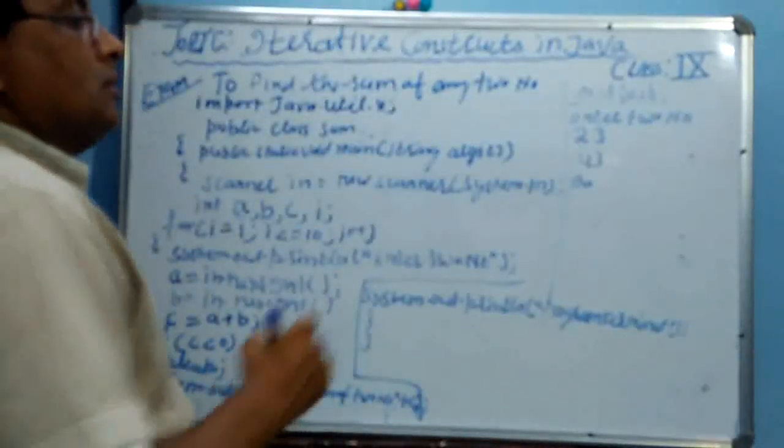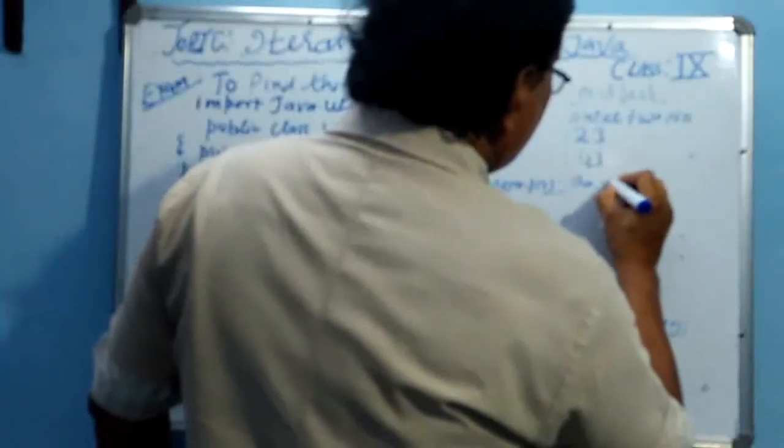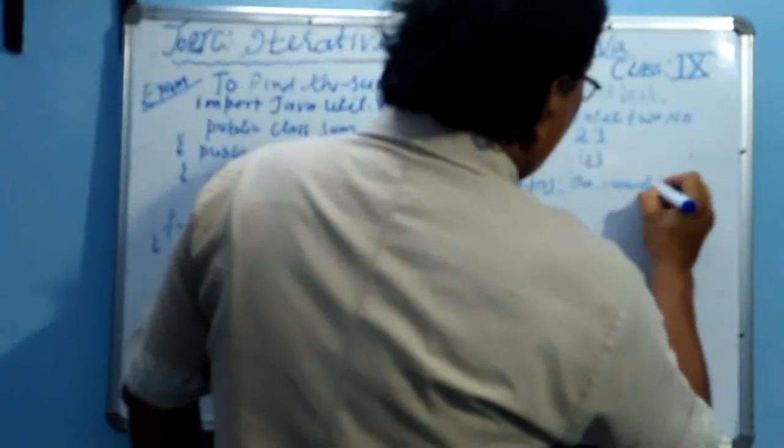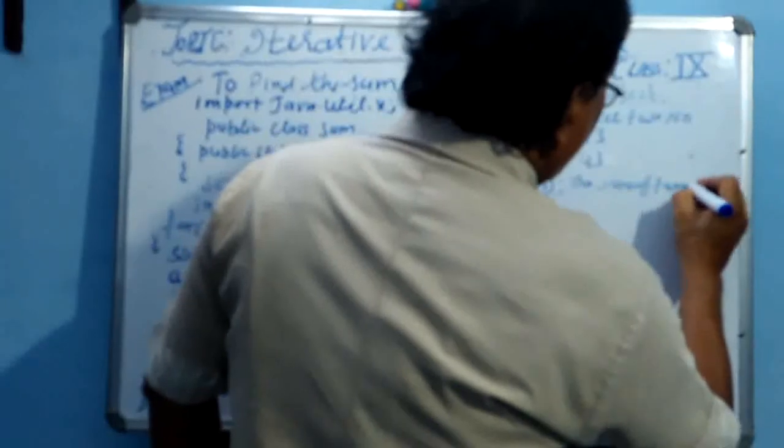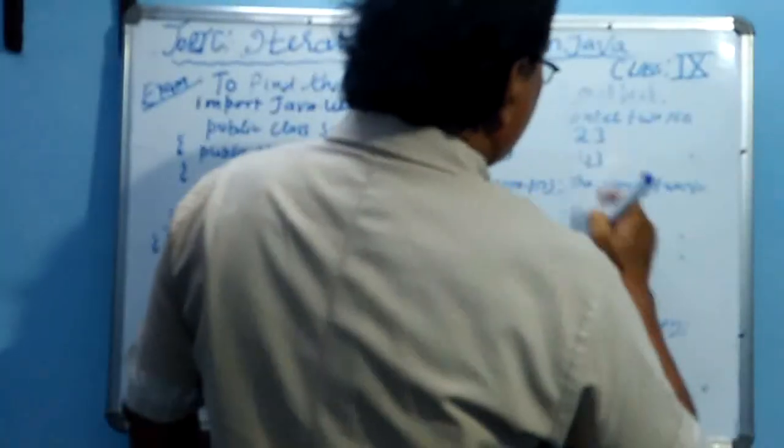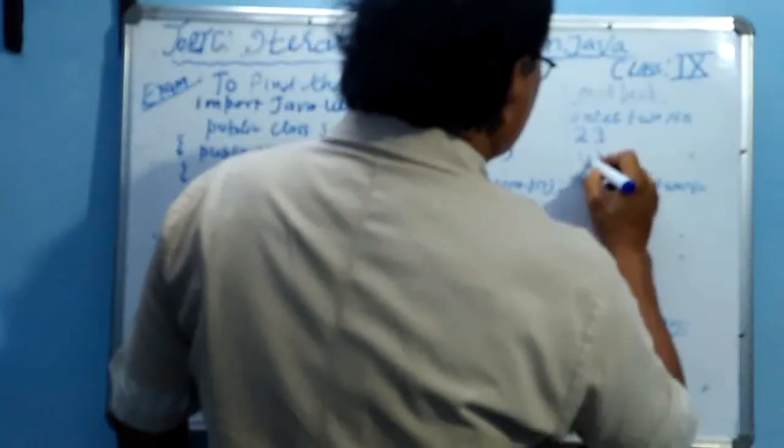You will write sum of two numbers. It will print how much? 66.